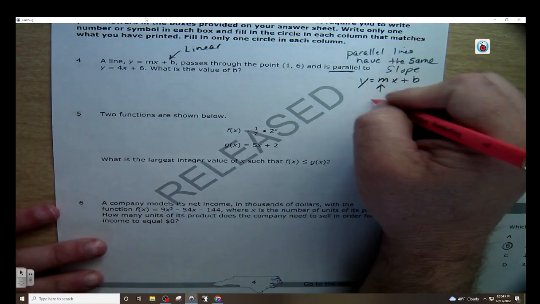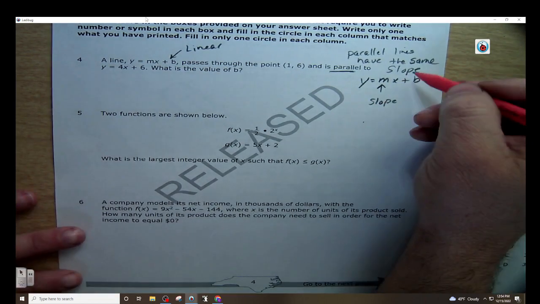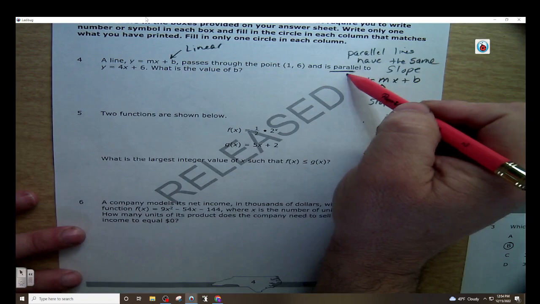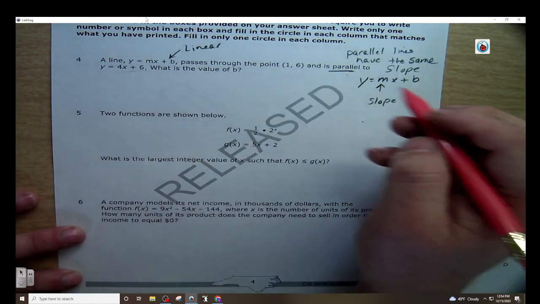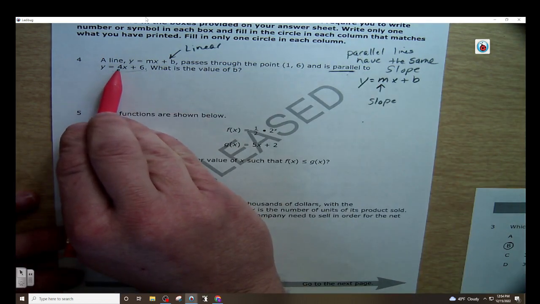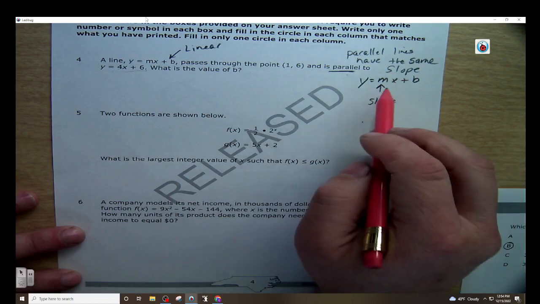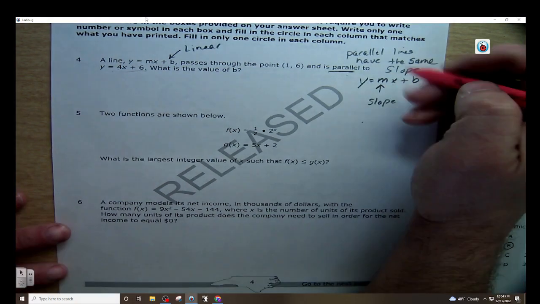M is slope. Okay, so now, if they want a parallel line to this line, then I know what I need from this line here is the slope. Well, there's my slope. M represents slope. M is always with your x or your independent variable. Okay, so slope.